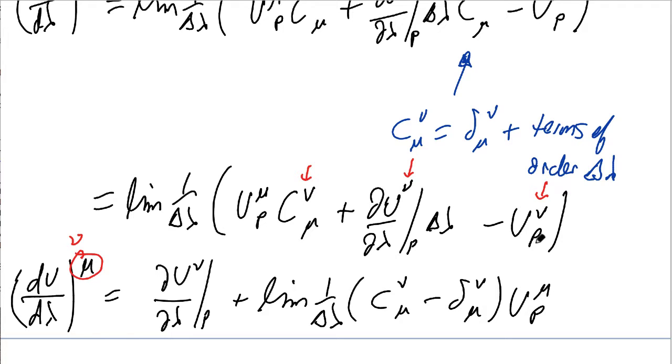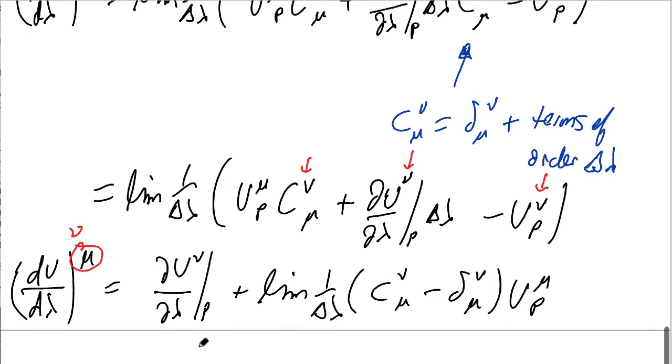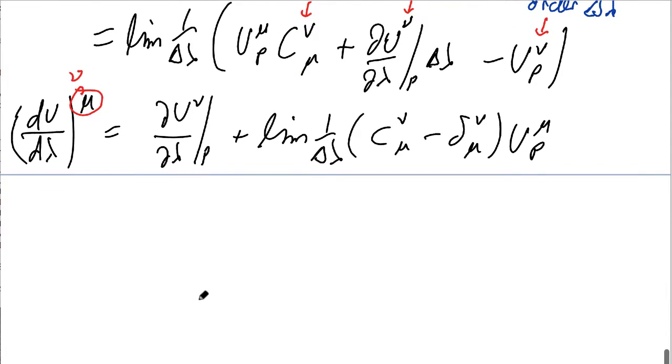So I've factored out a common factor of the components of V at point P. But in order to do that, I had to change this V^ν into a V^μ times a Kronecker delta δ^ν_μ, and that's the Kronecker delta here. Now this result holds for any curve through the space or space-time. So in particular, we can let the curve be one of the coordinate lines.